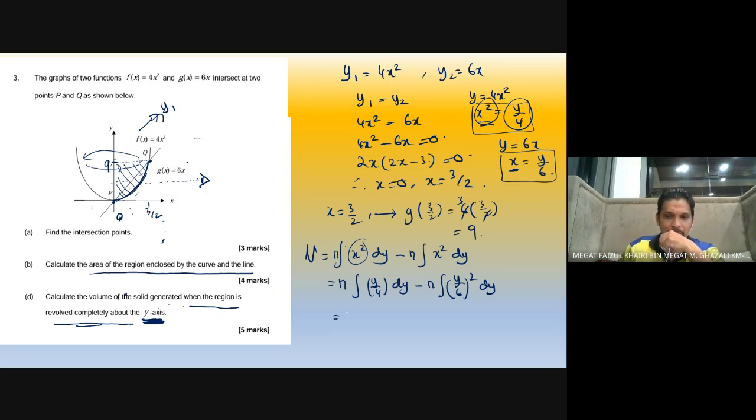So pi integral of y over 4 minus y squared over 36 dy.